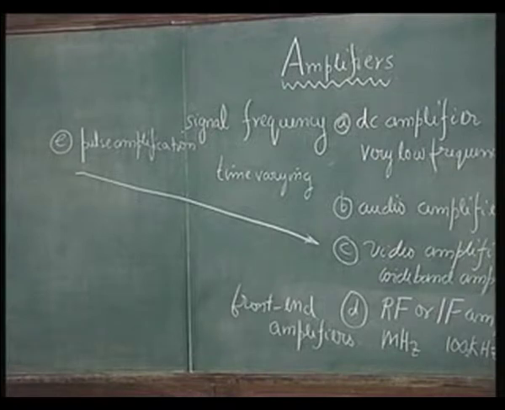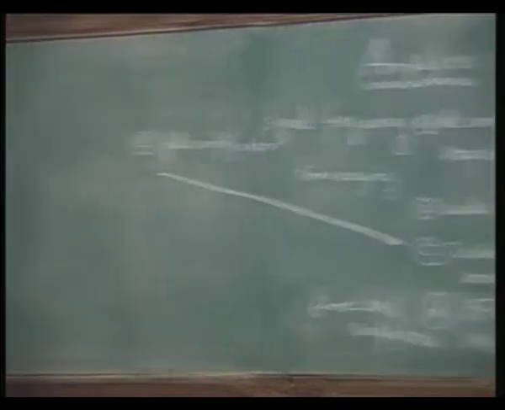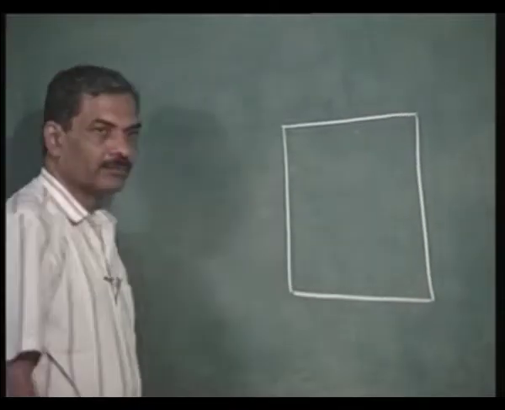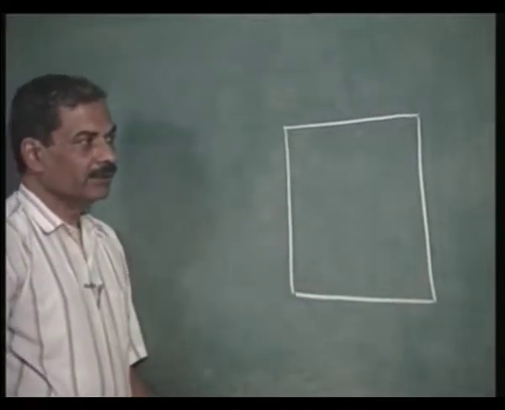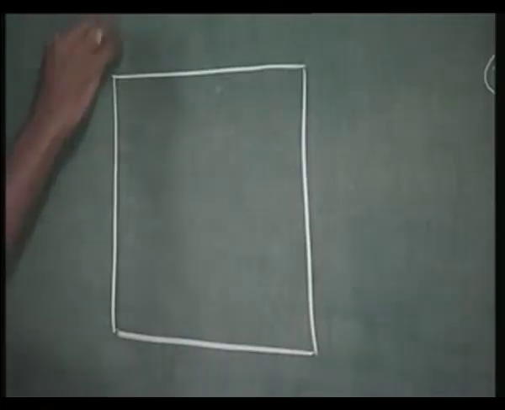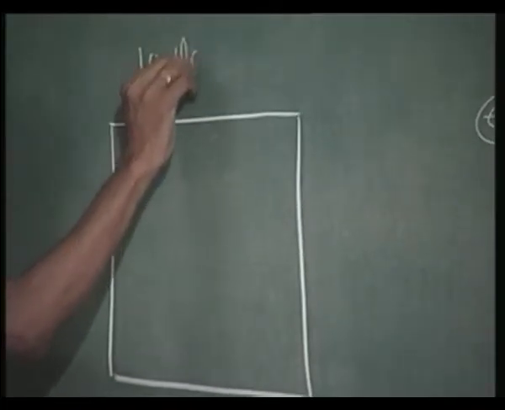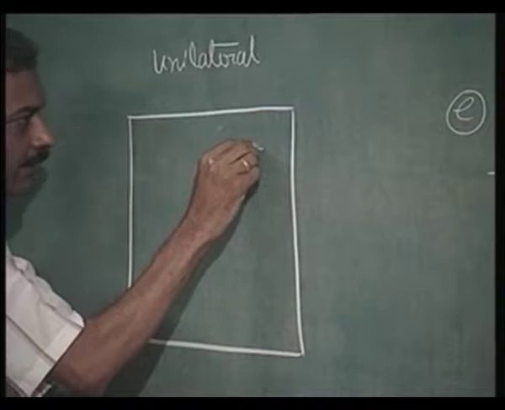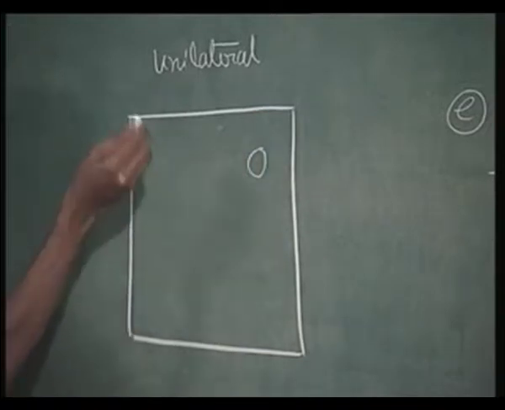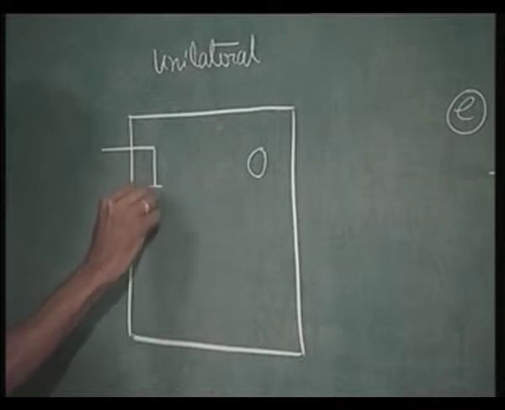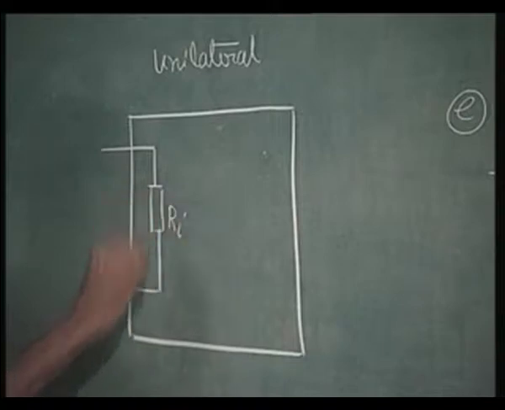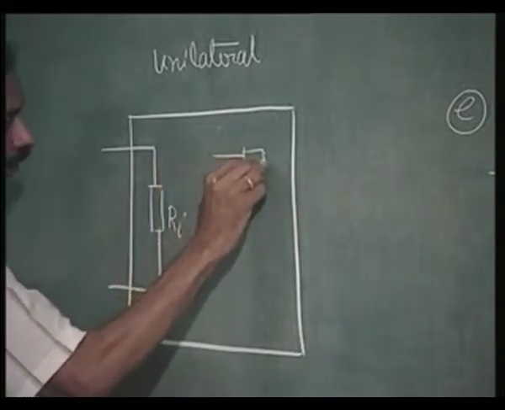Now, we have to understand how frequency comes into picture in the signal. We have already understood this much, that in an amplifier block, which is close to ideal, we have this unilateral amplifier where the reverse transmission is 0. It may have a sort of input resistance Ri, output resistance R naught.